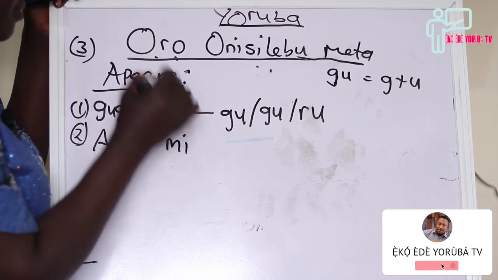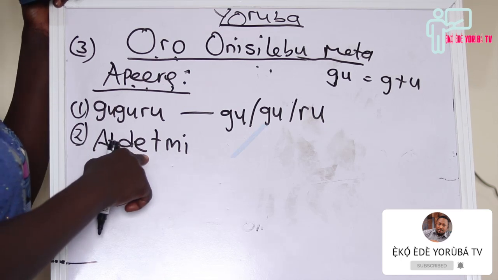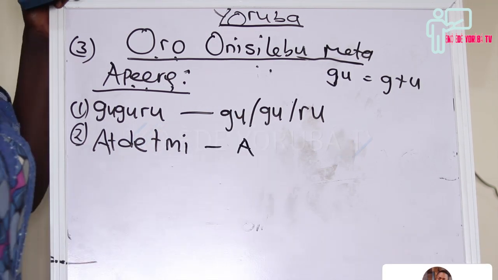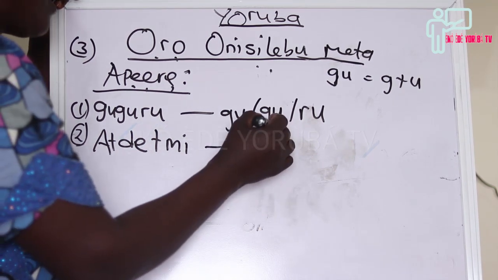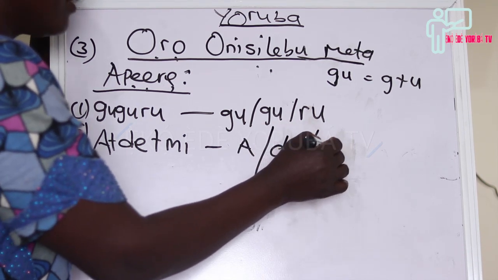Ademi. We want to add it together. Ademi. Now, we want to divide it into syllables. Ademi.